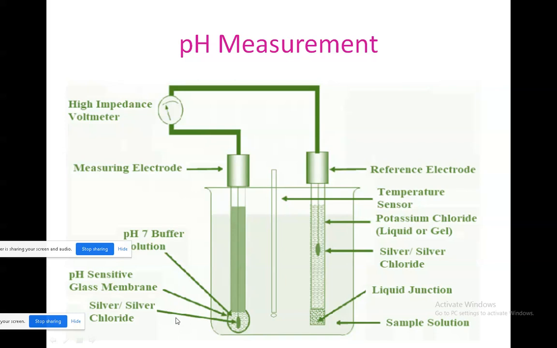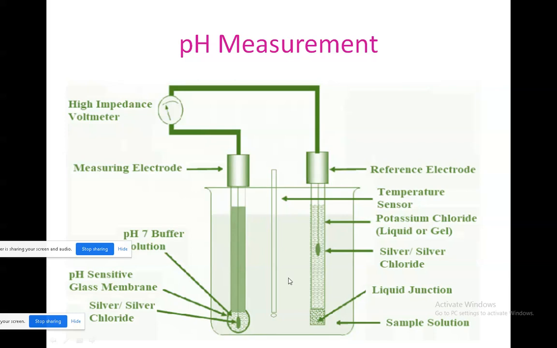In it you use a silver chloride substance, and you have the glass membrane here, which permits only hydrogen ions to enter into it. Then the buffer solution is present here, and the glass is sealed in this electrode. This entire part is called the active electrode or measuring electrode.